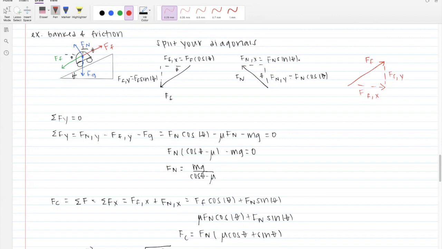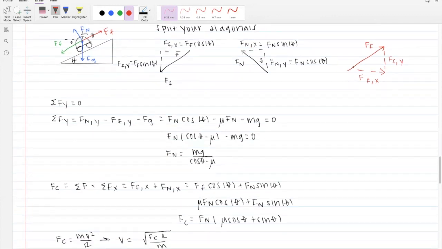But your normal force, however, is pointing to the left. So when you have the force of friction pointed away, you're going to have a negative placed in front of these equations because, again, we are directed away from the center.